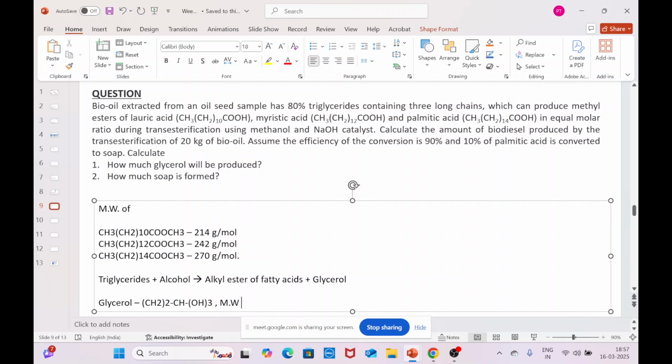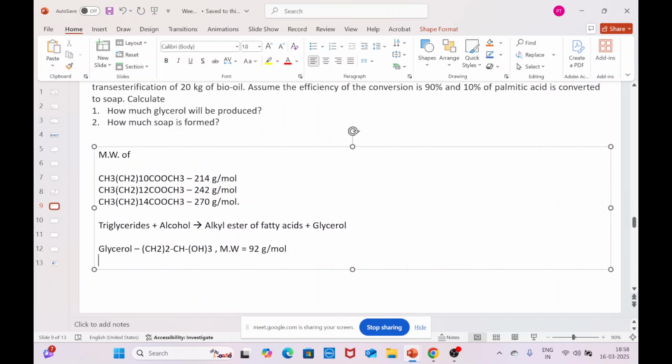Okay, 92 gram per mole. So this is the individual molecular weight of the methyl esters, but when you write it in terms of the triglycerides, then, okay.